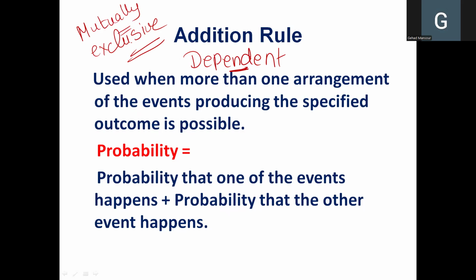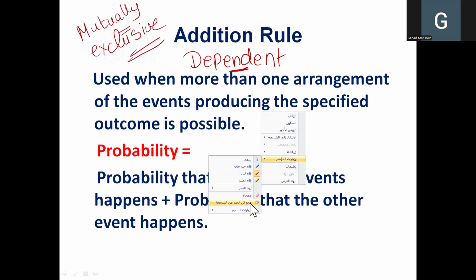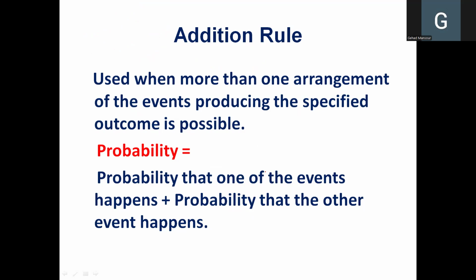In addition to this, the addition rule is used not only for or relationships and mutually exclusive events, but it can be used when there is more than one arrangement. Here, of course, I can see that the slide is not well written because we took only one very specific example, which is related to the arrangement of the events.